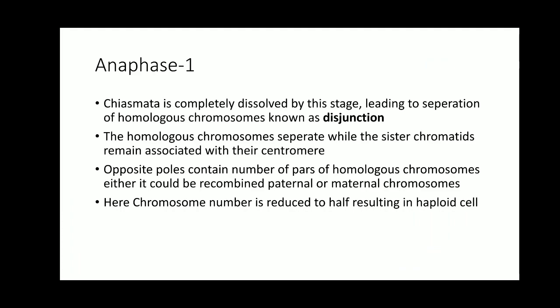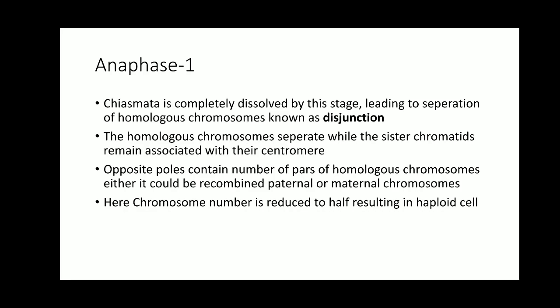So the homologous chromosomes are pulled by these spindle fibers. Whereas in normal anaphase of mitosis, the chromatids of the chromosome are pulled to the opposite poles, meaning the centromere holding these chromatids together is split and taken to the opposite poles.